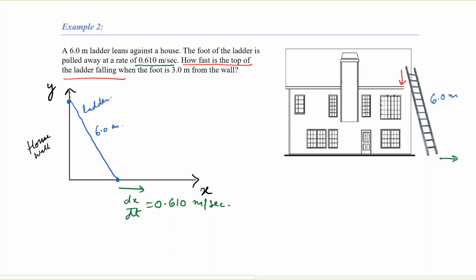How fast is the top falling down? We need to figure out our dy over dt, and we need to find that when the foot is 3 meters away from the wall, so when x is 3 meters.